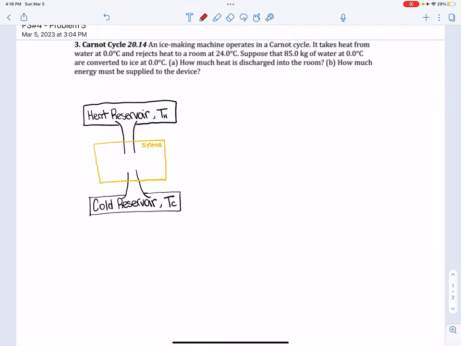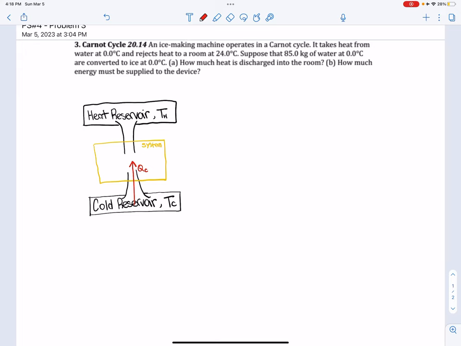And it takes heat from water at 0 degrees Celsius. So my TC, it takes heat from a cold reservoir and transfers it to the system, or the ice-making machine, and that is my QC, okay? That's a heat transfer from the cold reservoir.